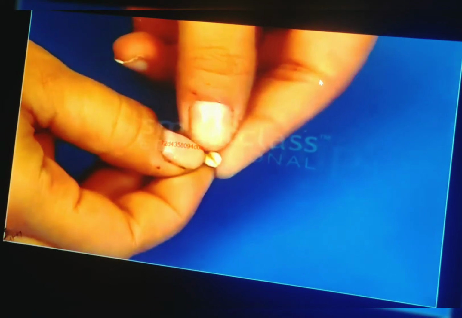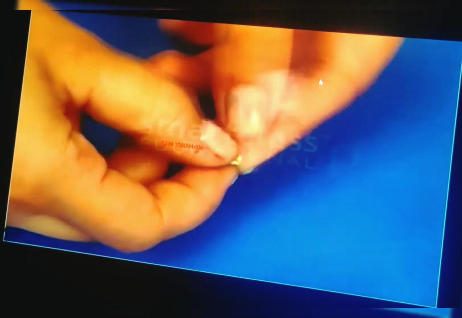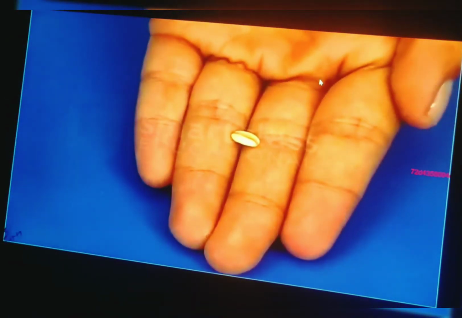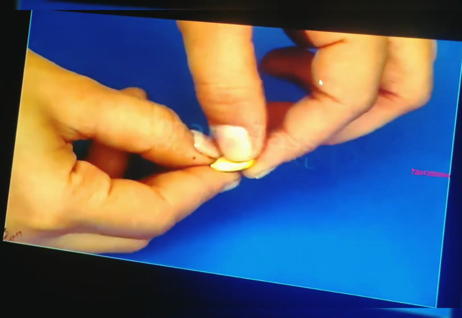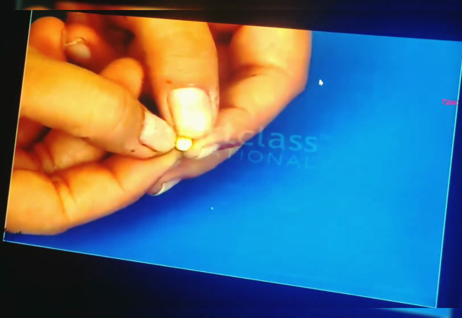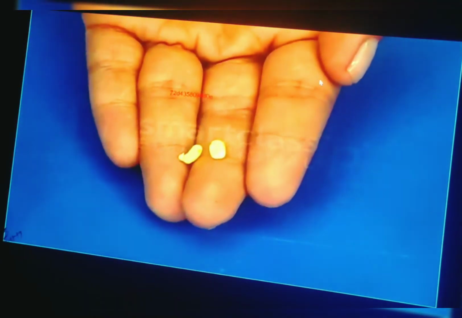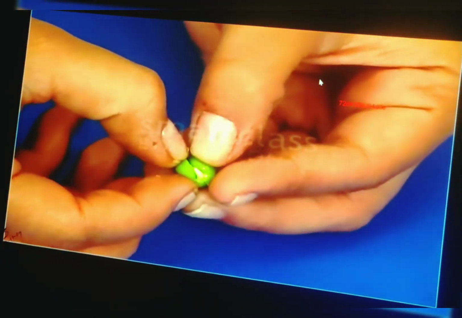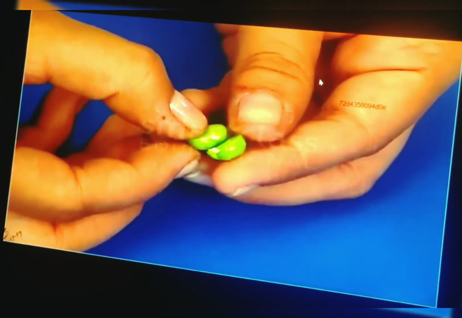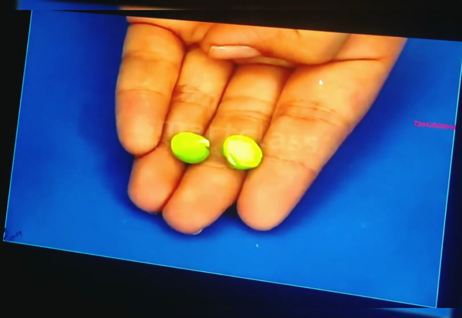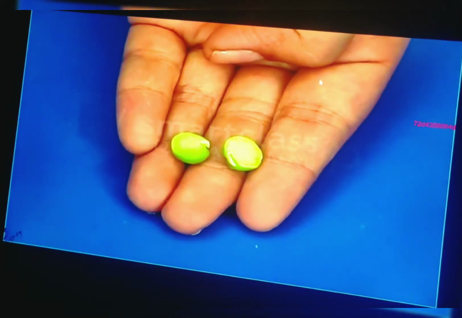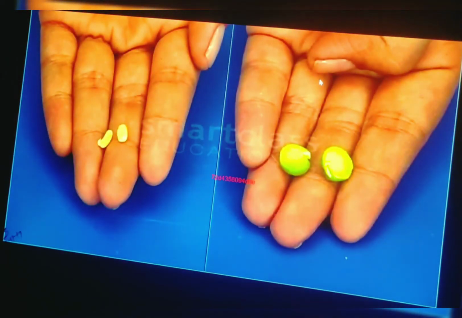Then carefully open the seeds and observe them. The seeds of mung and peas now show 2 equal halves that are attached laterally to each other.